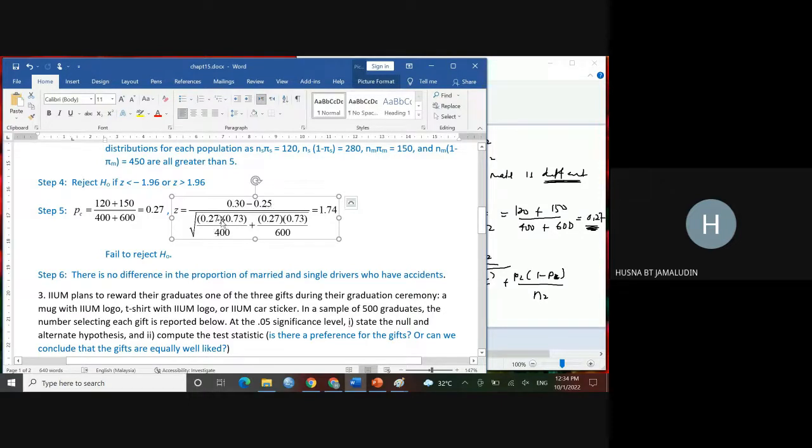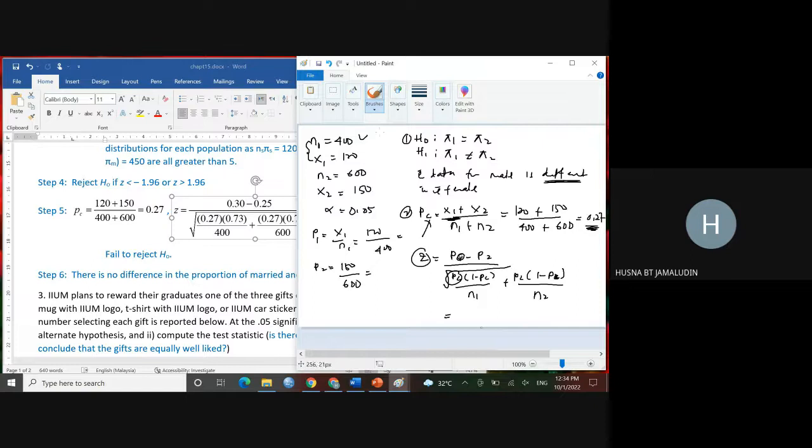Then just take the formula: P1 multiplied by 1 minus P1 over sample 1, and then sample 2. Then you should get 1.74. So basically, once you have listed down all the information, you just plug into the formula. You should get the answer straight away.